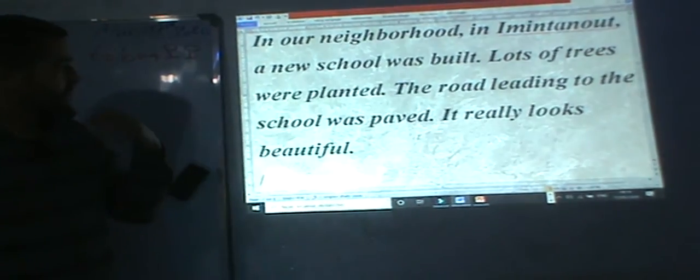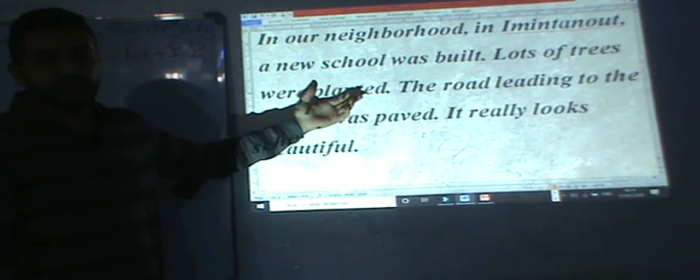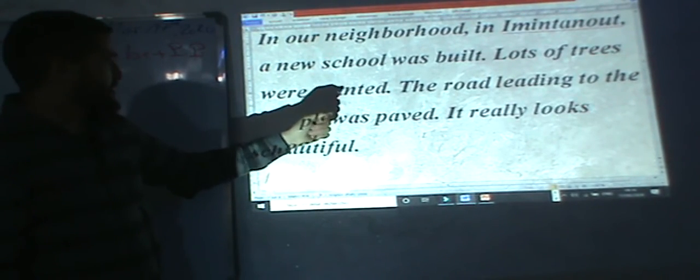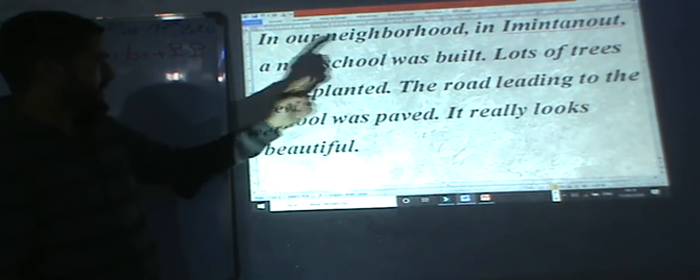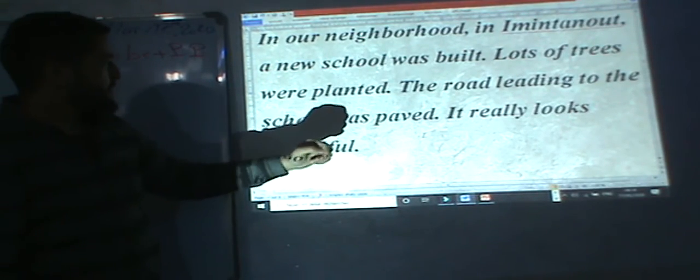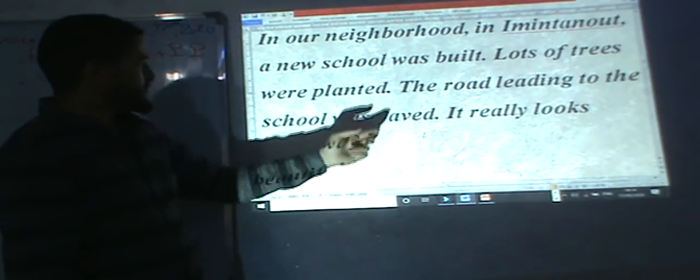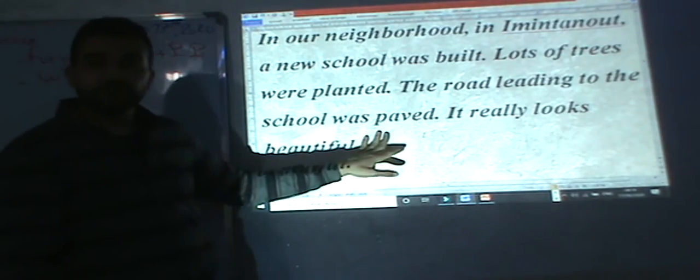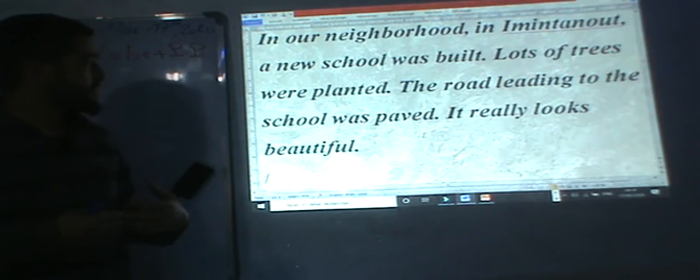Next, lots of trees were planted. Again, we don't know who performed this action. Next, the road leading to school was paved. The road is paved. Nice. That's what matters to us, not who did the action. That's what the focus is on when we talk about the passive voice.